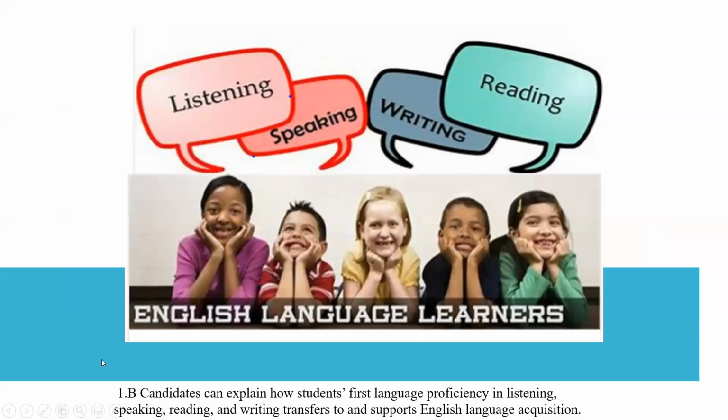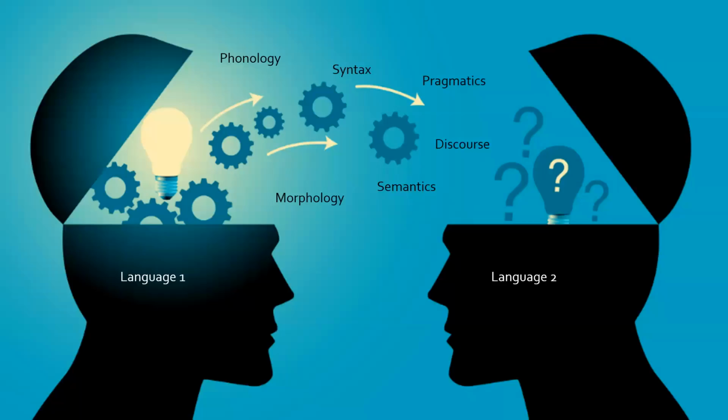Competency 1B. Candidates can explain how students' first language proficiency and listening, speaking, reading, and writing transfers to and supports English language acquisition. This is a picture of language 1 transferring to language 2.